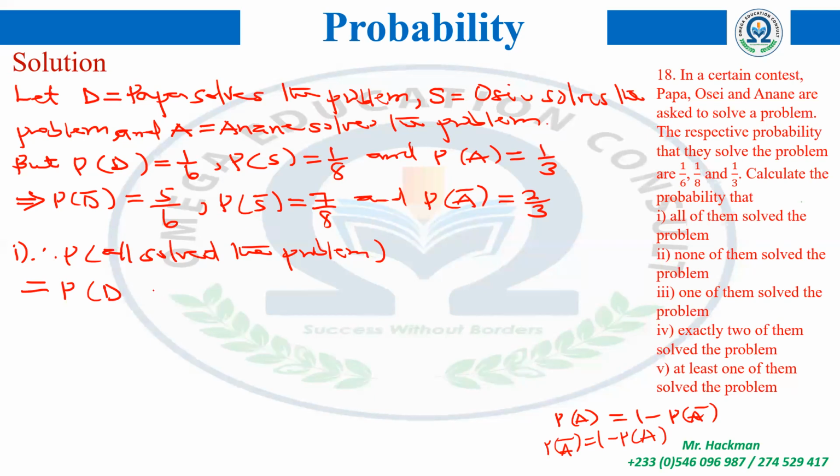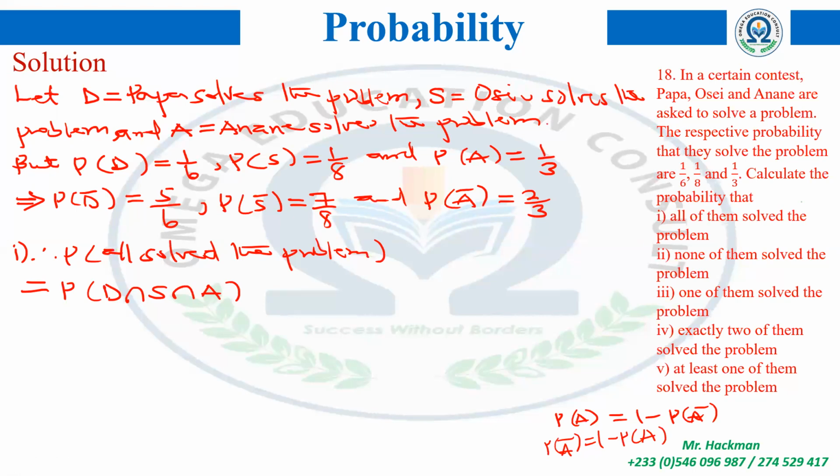So it will be D, Papa solving the problem. The second one will be Ose solving the problem, which we represented by S. And who else is solving the problem? Anani, represented by A. So this will be the situation.